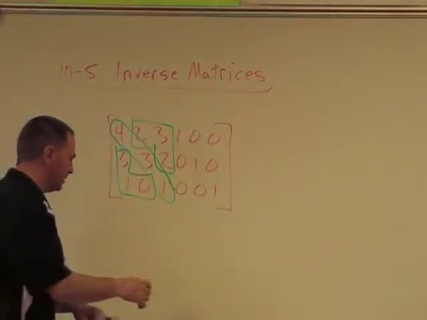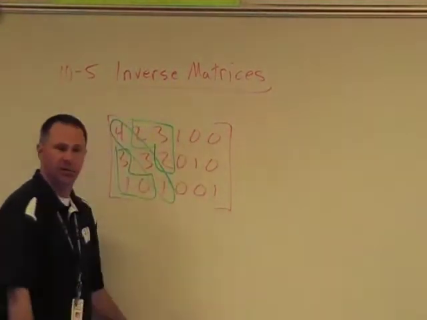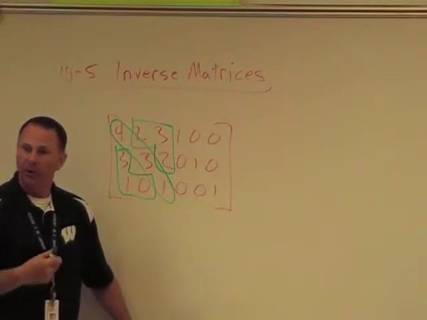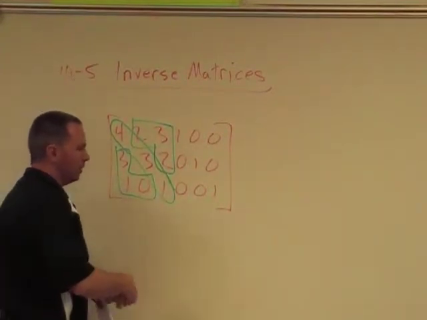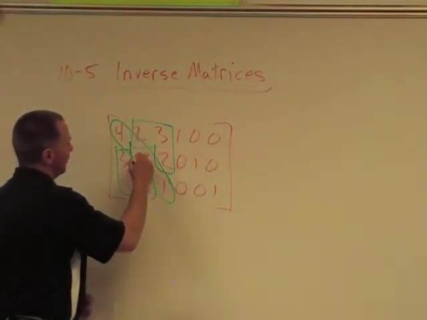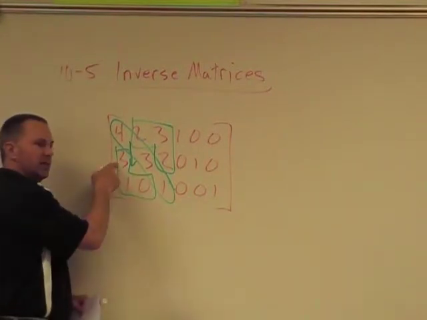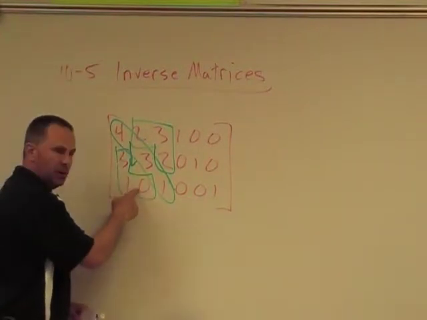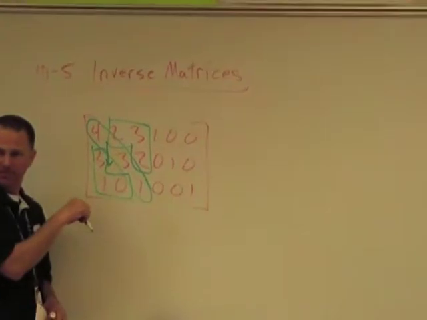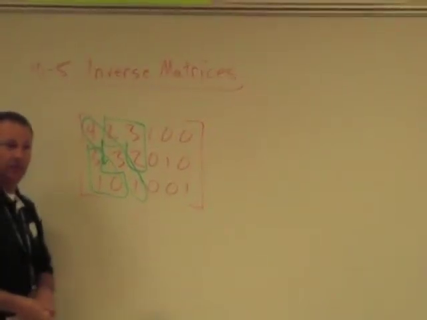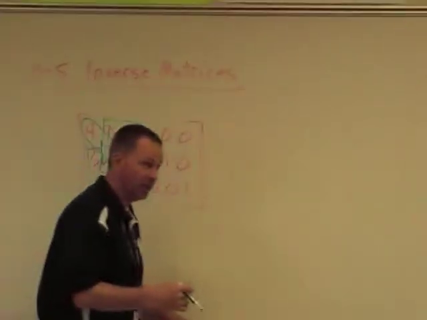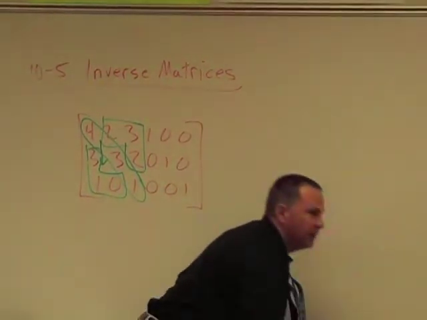We did this back in section 2 and 3. Remember doing that? How do we change these? Well, we go this direction. We use the first row, and we made this 0, then we made this one 0, and then we made that one 0. Right? Yeah, you hated that, didn't you? Yeah. Well, this was the reason I had you do it in section 2 and 3.